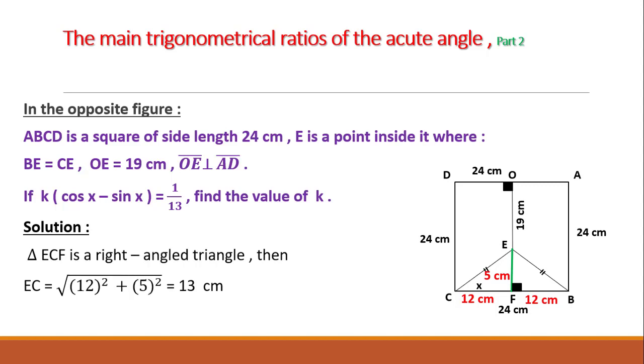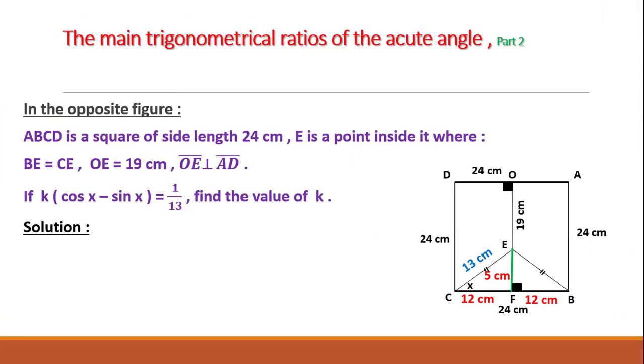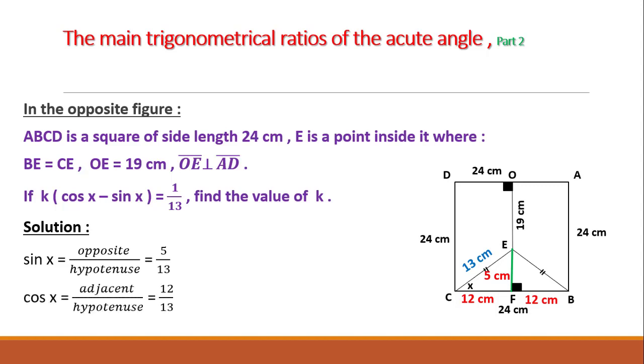Now we know that EC equals 13. Now we can get sine and cosine x. Sine x equals opposite over hypotenuse, 5 over 13. Cosine x equals adjacent over hypotenuse, 12 over 13.